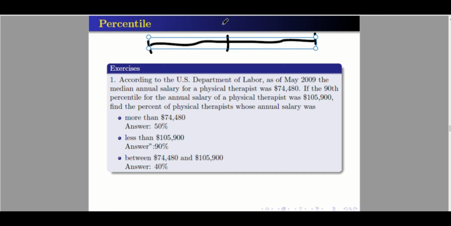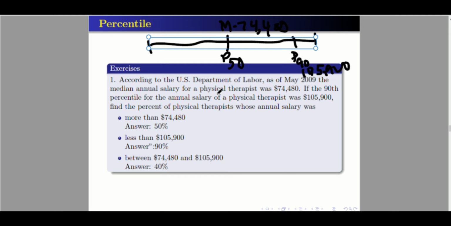At the middle, we have the median, 74,480. And then the 90th percentile is somewhere here, because the median is at P50. This is now the location of the 105,900.